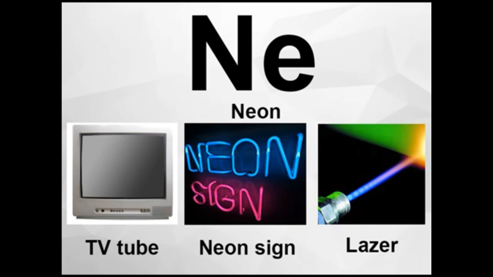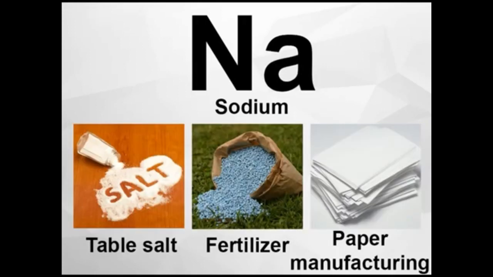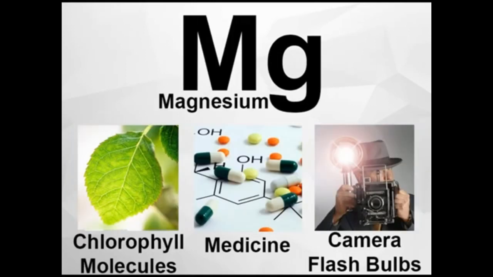There is also sodium, the commonly known element that is used to combine with chlorine to form table salt, then fertilizer, then paper manufacturing. For magnesium, we have chlorophyll molecules, medicine, camera flash bulbs.